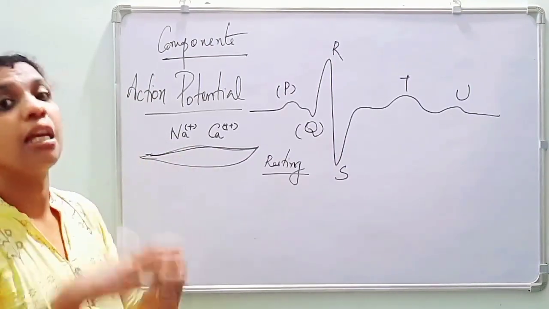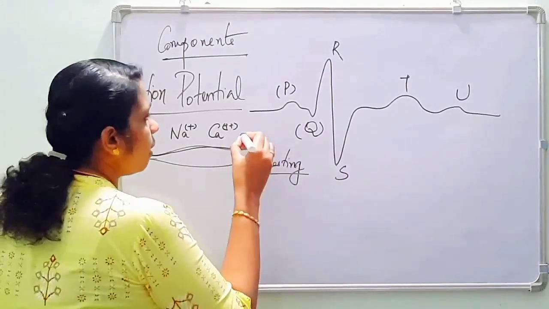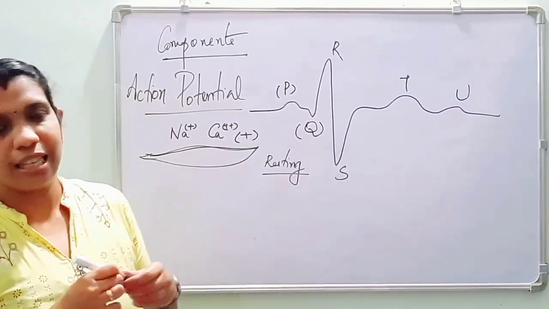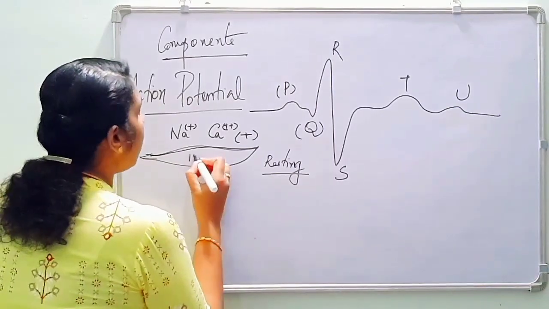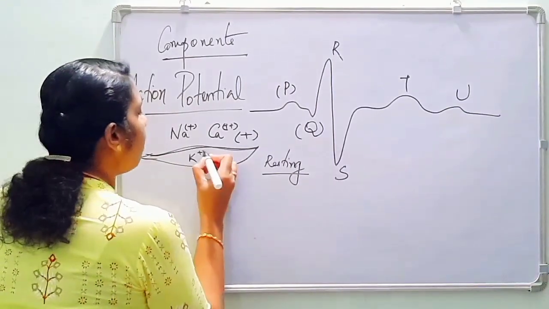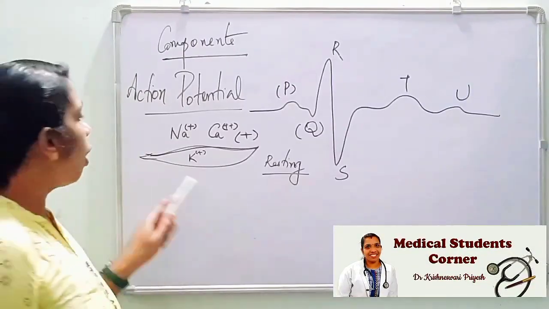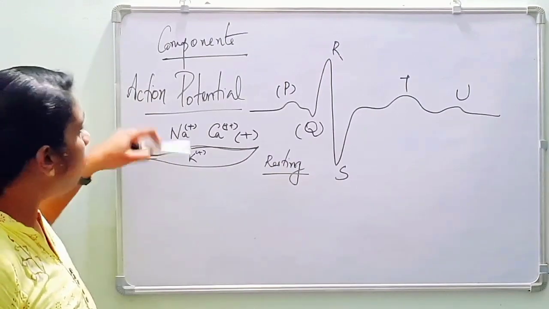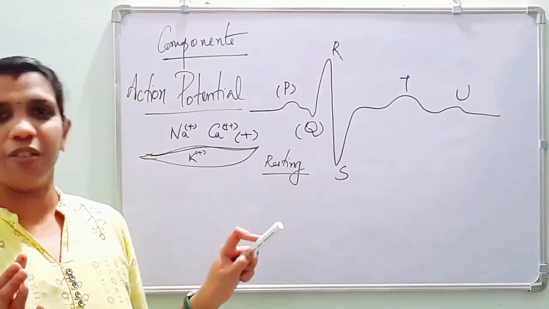So outside the membrane, the potential is positively charged. You understand? And inside the membrane, there will be positively charged potassium ions. Understand? So compared to outside, inside there is less positive charge.